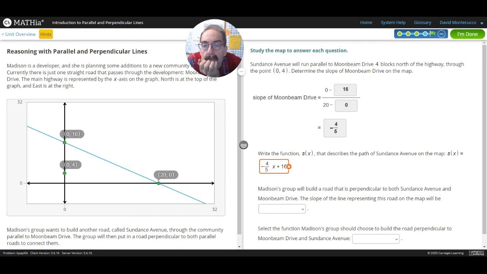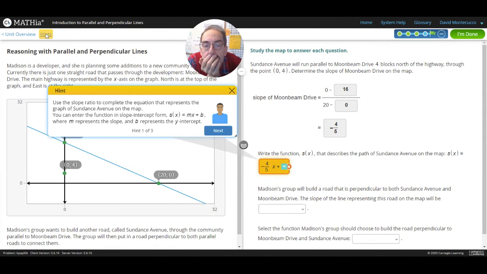Coming downhill, y-intercept. Click on a hint, mx plus b.